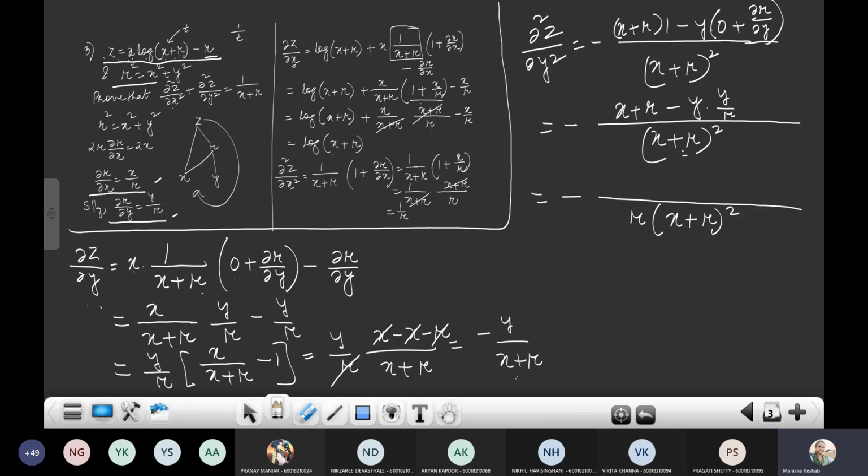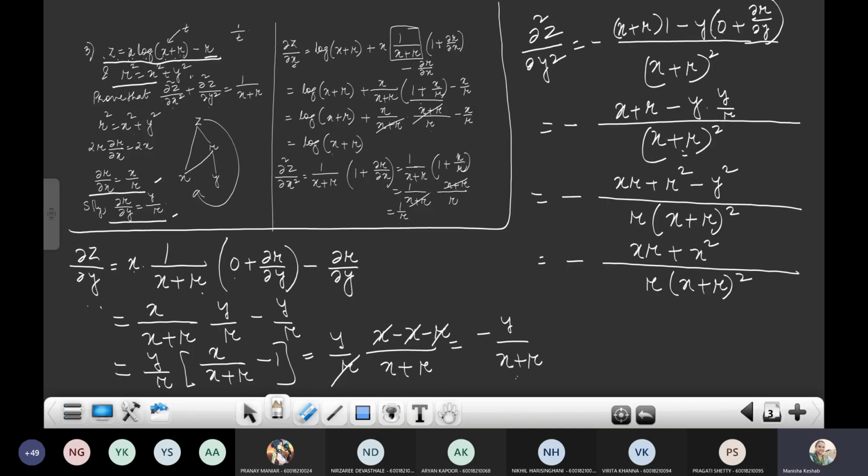Then this x plus r will be multiplied with r. So we will get xr plus r square minus y square. But r square minus y square is what? x square, isn't it? From here, r square minus y square is x square. So we can write now x plus r whole square, xr plus x square.